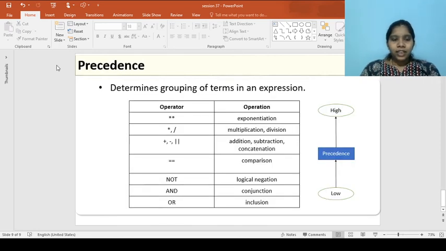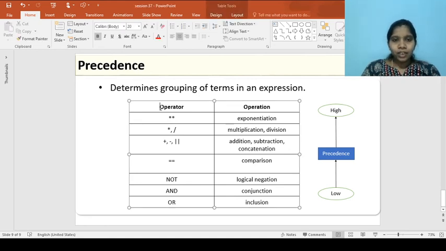Let us see the precedence of the operators. Precedence is nothing but the priority of the operator. This precedence or priority of operators is used when we are going to evaluate any expressions. Here the precedence is explained using one table.